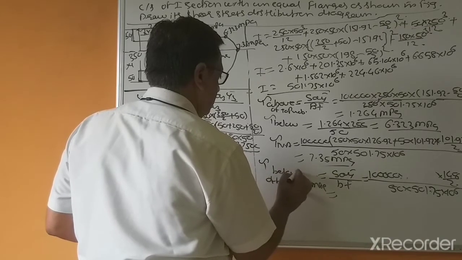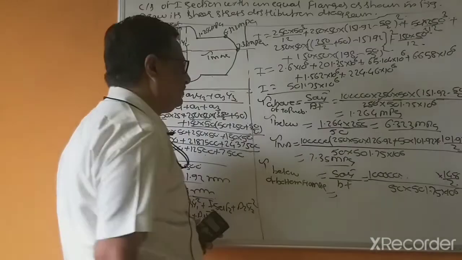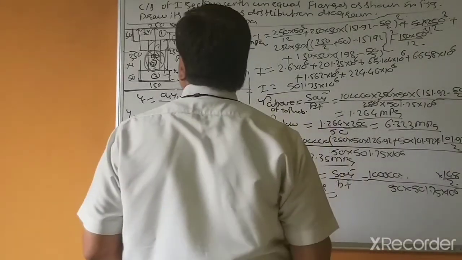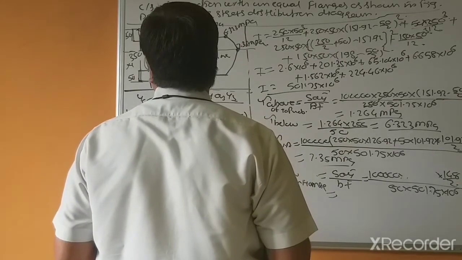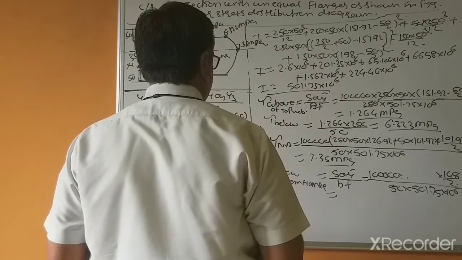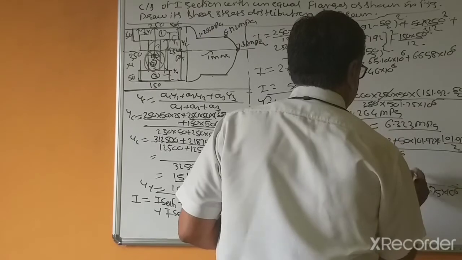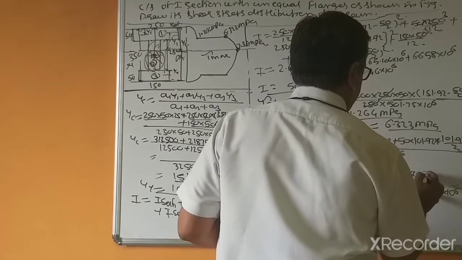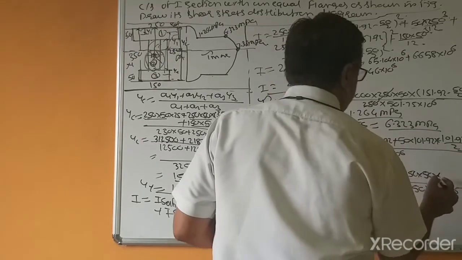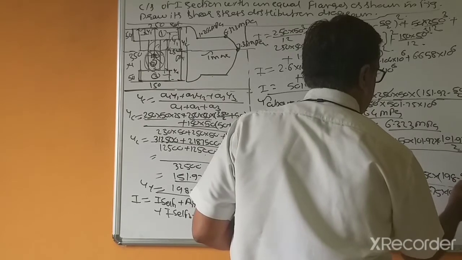Below of bottom flange multiplied by 150 into 50 into 198 minus 50 divided by 2.